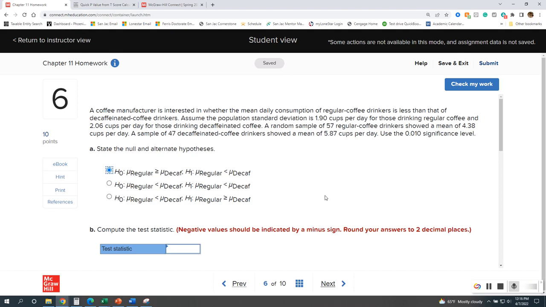A sample of 47 decaffeinated coffee drinkers show a mean of 5.87 cups per day. Use the 0.010 significant level. Now, here I can see I have population standard deviation. So this is just like question 1, where we know we deal with z-value.